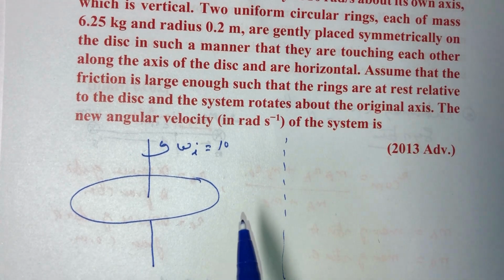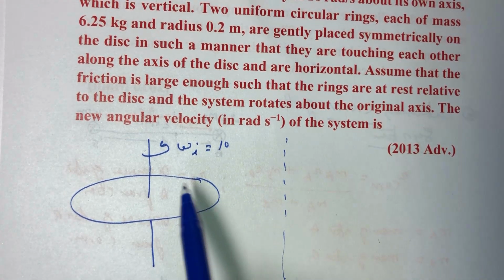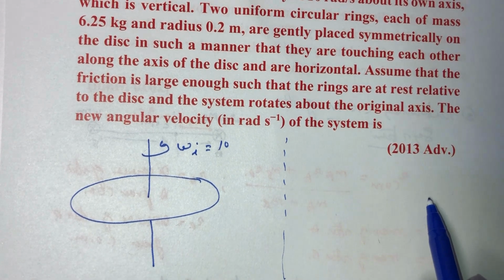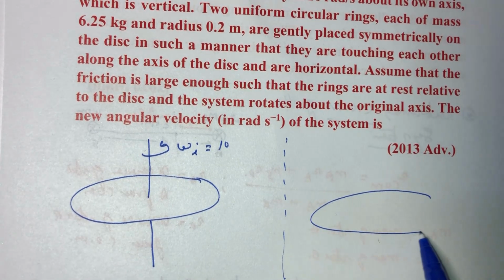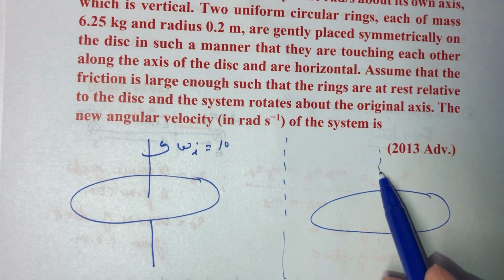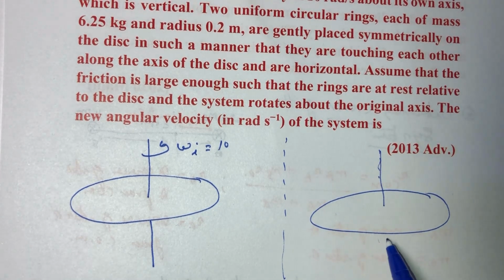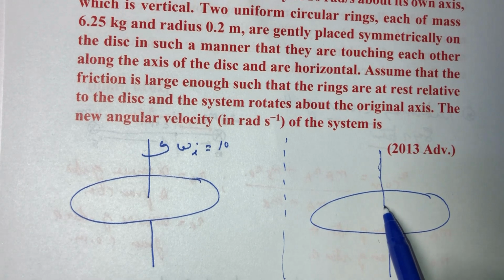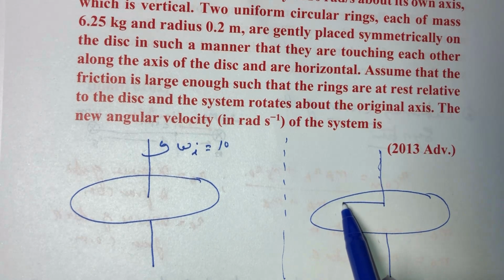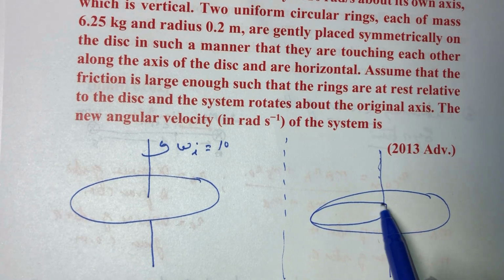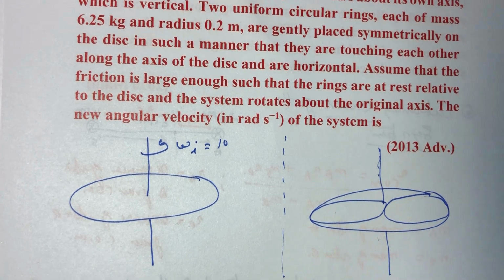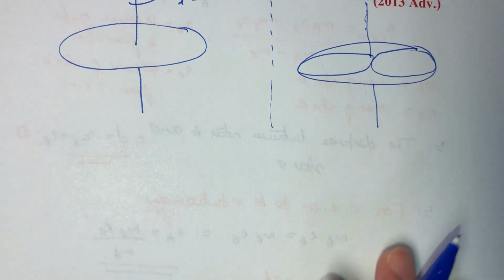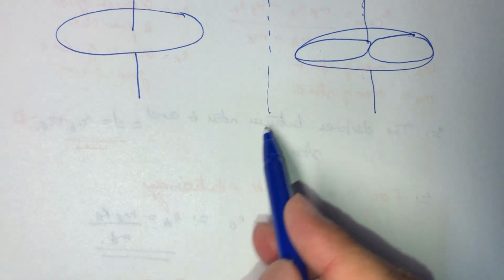two circular rings are placed on this disc. So this is the disc and this is the axis, and the circular rings are placed such that these two circular rings are touching each other. So this is one circular ring and this will be the other circular ring. Okay, so let me draw the top view of this.